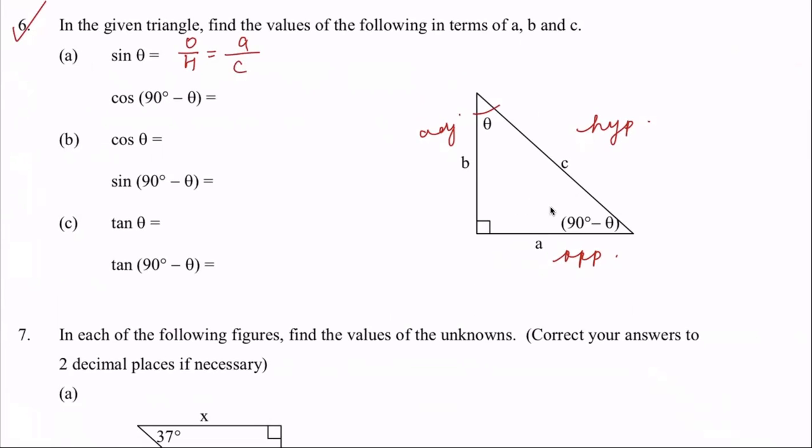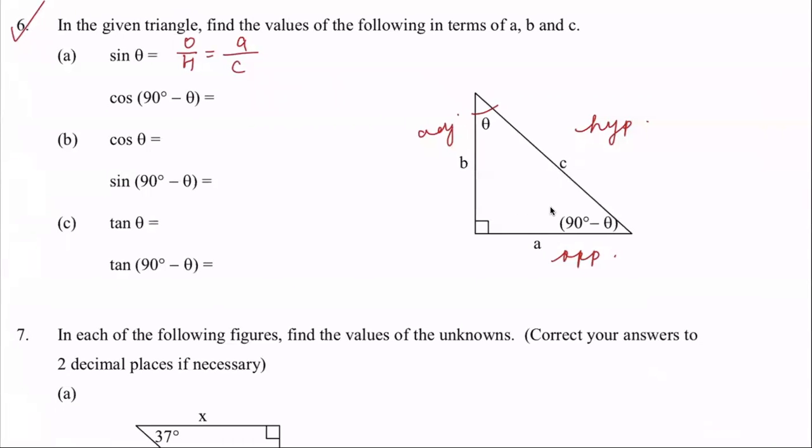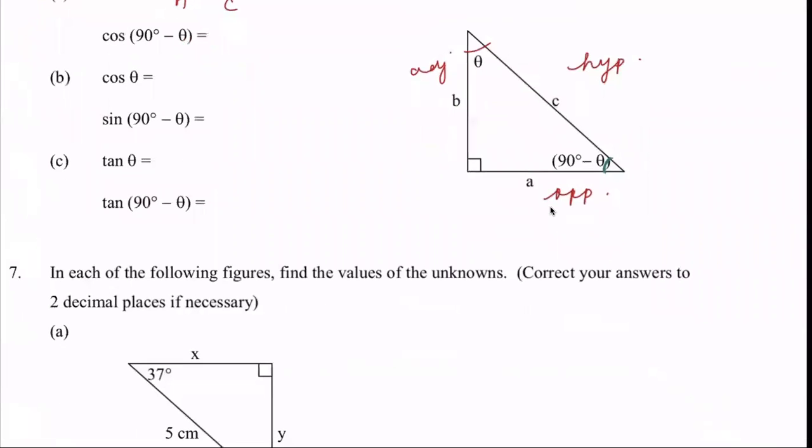Cos of 90 degrees minus theta. Here our reference angle has become this angle rather than the angle theta. We know this angle is 90 degrees, so the sum of these two angles must be 90 degrees as well. If this angle is theta, then this angle must be 90 degrees minus theta. Let me use green color for 90 degrees minus theta.